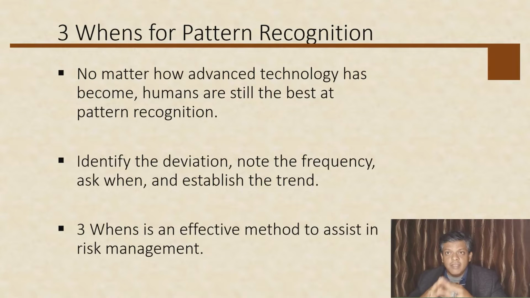Trust me, even scientists agree with me. Using this tool of 3 events, you can identify the deviation, note the frequency, ask when, keep asking when, obviously 3 times, and then try to establish a particular trend. And this 3 events is an effective method to assist in risk management.